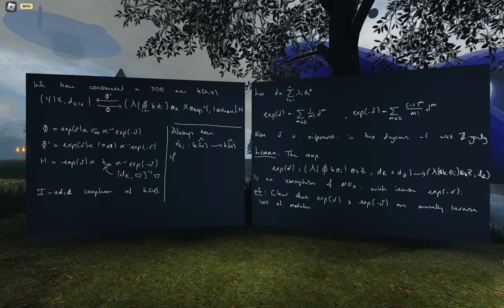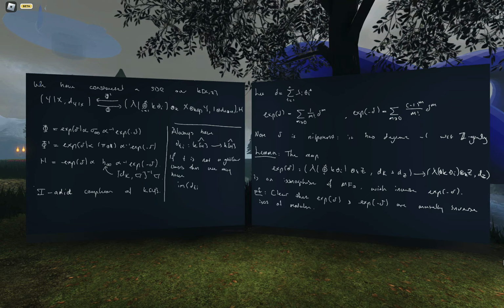If T is not a Gröbner basis, then we may have that the image of this map, when restricted to K and I, sitting inside the completion, is not this, right? Is not K_Y again, right?